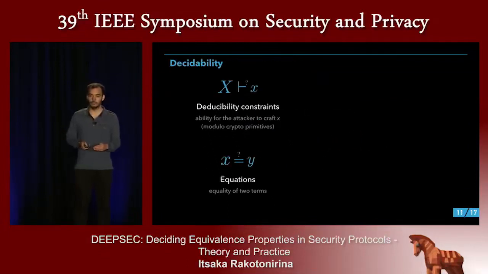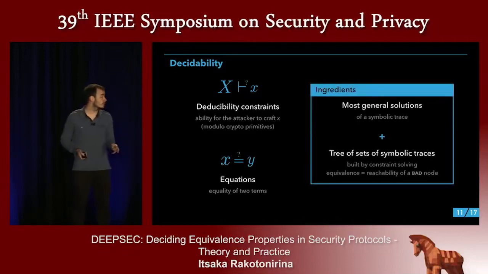I'm not going to give much detail on how we then solve this constraint solving problem, which is at the core of our decision procedure, because it's a bit technical. But let me at least give you the names of the ingredients we use. The most important thing is our notion of most general solution. We have a symbolic trace, which represents one possible interleaving of the protocol, and we define a notion of most general solution of this trace.